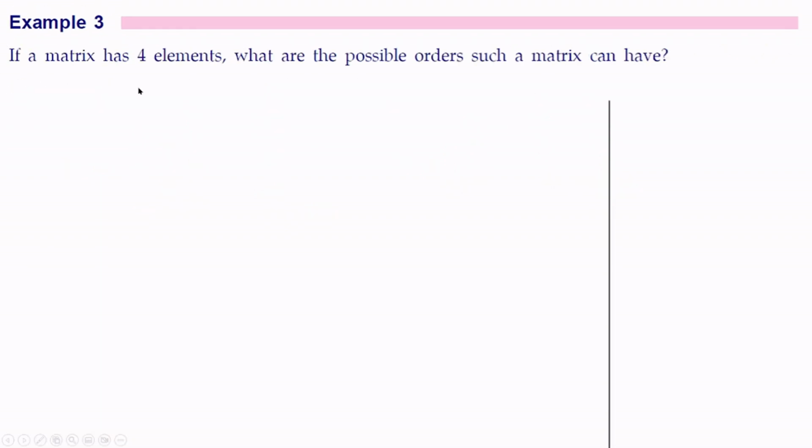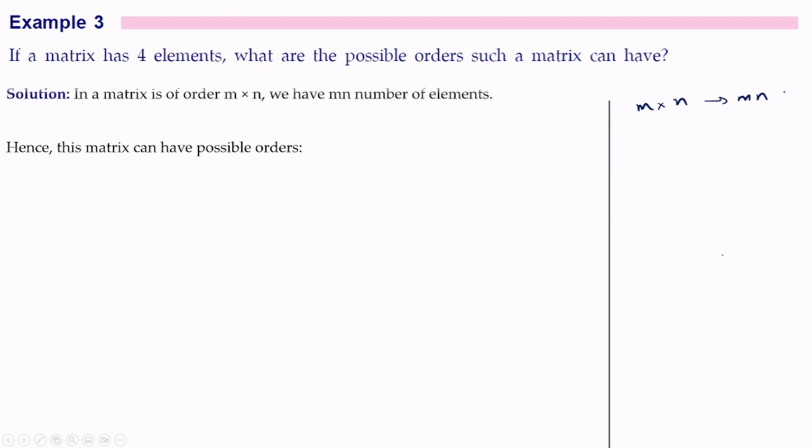Next question: if a matrix has 4 elements, what are the possible orders such a matrix can have? If a matrix has order m by n, it means it can have m into n elements. In a matrix of order m by n, we have m into n number of elements.